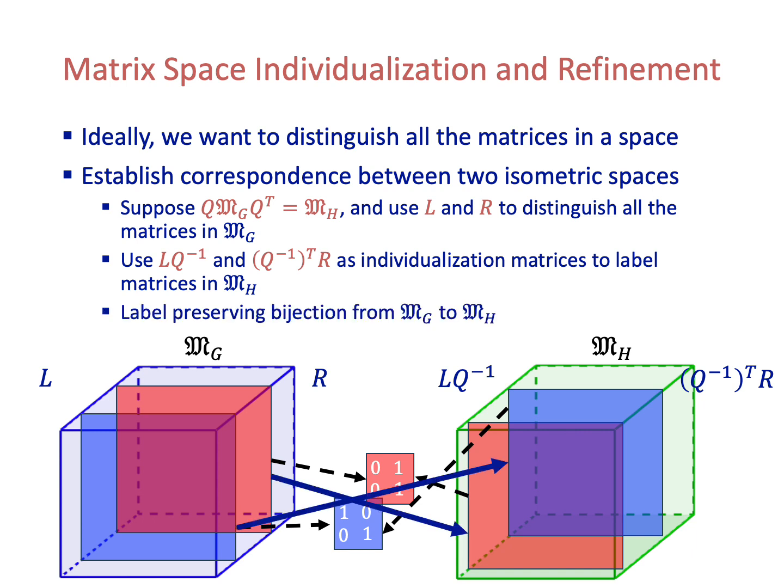So, we can construct a bijection between the matrices of the two spaces by mapping matrices with the same label together. And then, the problem reduces to the aforementioned matrix tuple isometry problem, which can be solved efficiently.